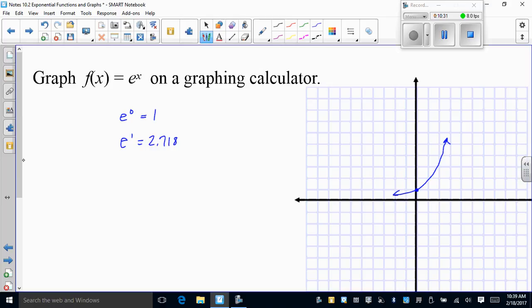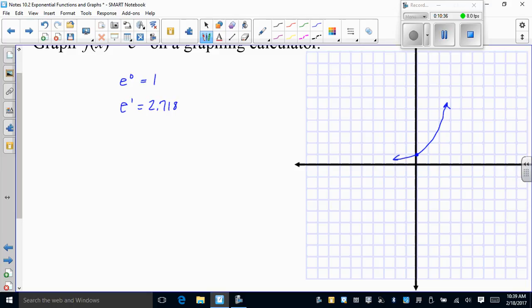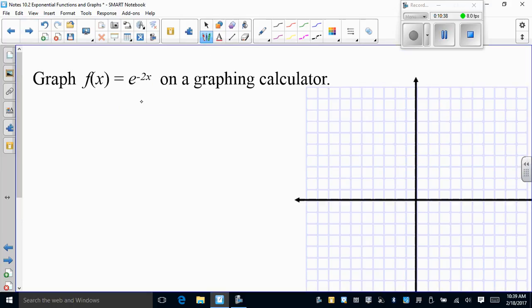Okay, and then the next one, e to the negative 2x. If x is 0, negative 2 times 0 is still going to be e to the 0, which is 1. So we got a point right there. And if you did e to the negative 2 times 1, you're going to get e to the negative 2, which we don't have the value off the top of our heads, which is 1 over e squared.